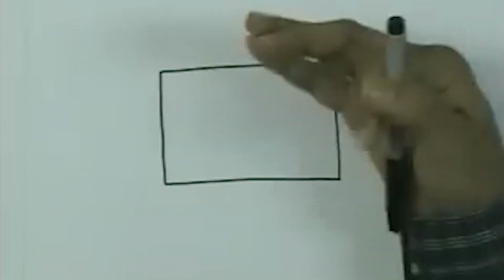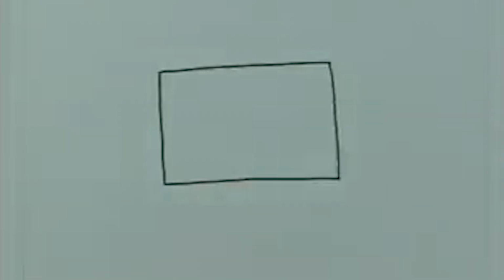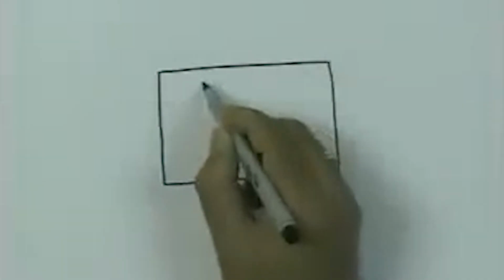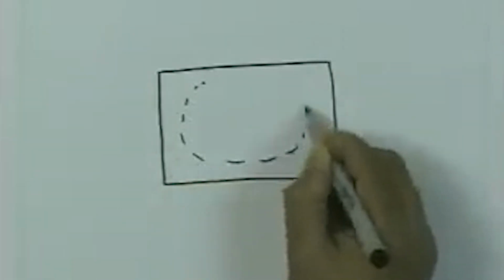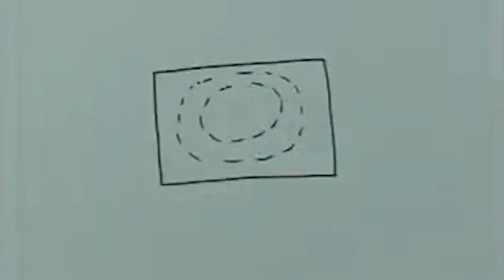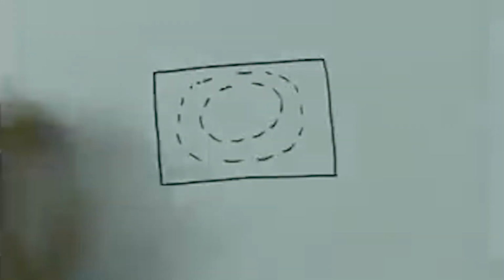That means for this mode, the electric and magnetic field both are perpendicular to the direction of propagation. That means they must lie in this plane, the cross sectional plane, that is the plane of the paper. Now we know that the magnetic field lines must close on themselves, and all these magnetic field lines are now lying in this plane. That means they must form closed loops in this plane. So the magnetic field lines in the transverse plane must look like that.